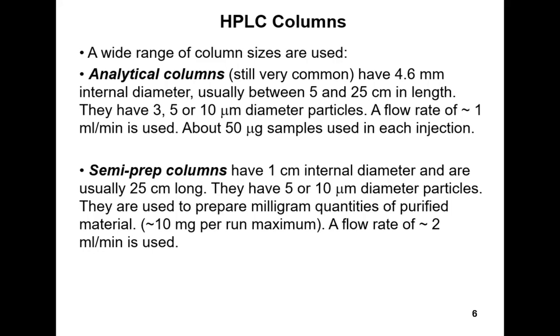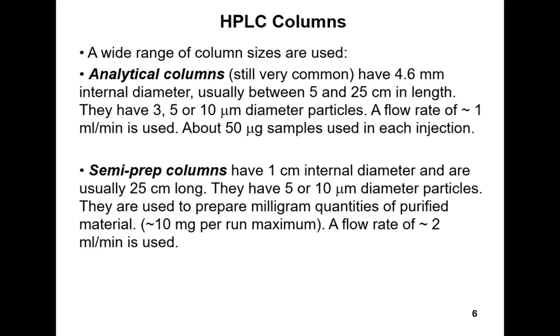It can be a range of lengths, 5 to 25 centimeters commonly. The particles inside are mostly nowadays 5 micron diameter, but it can vary. Older columns would maybe have 10 micron. Typically the flow rate that you can achieve without getting too much pressure is 1 milliliter per minute.